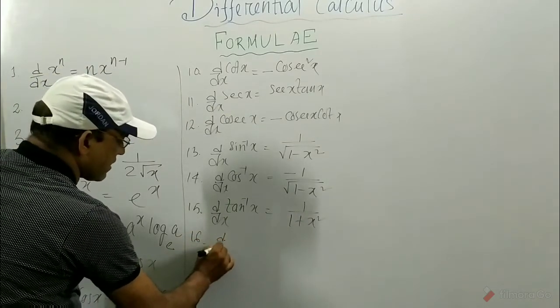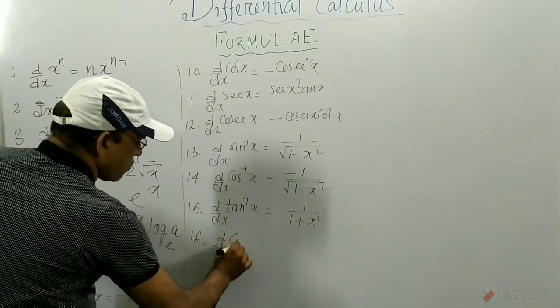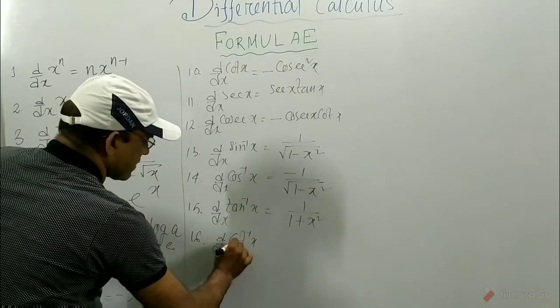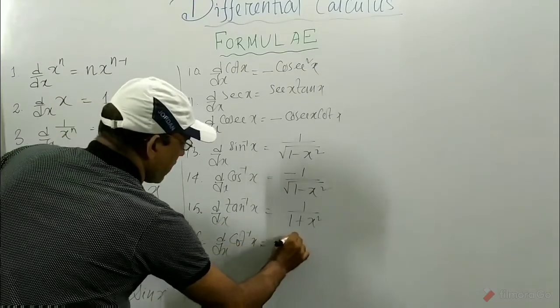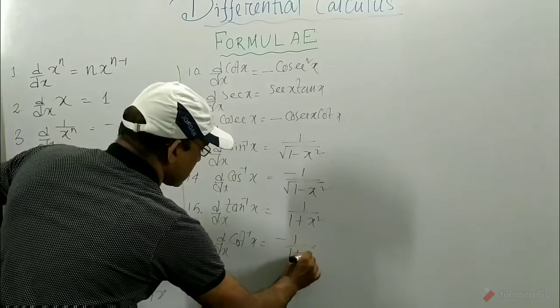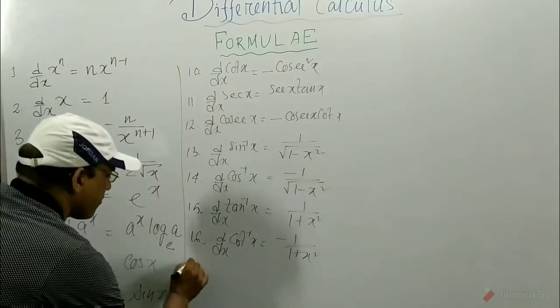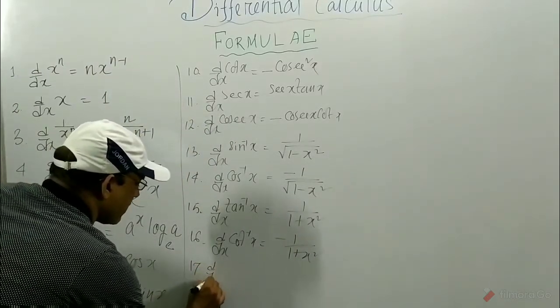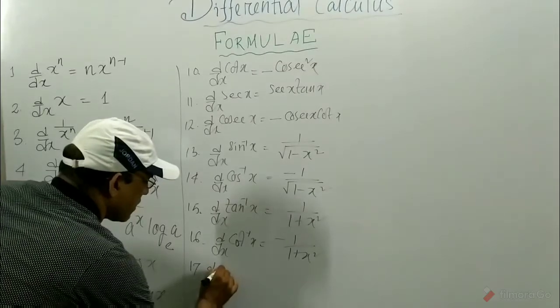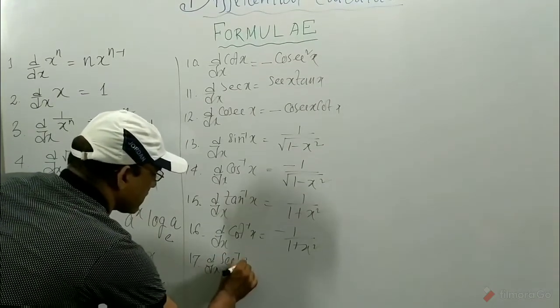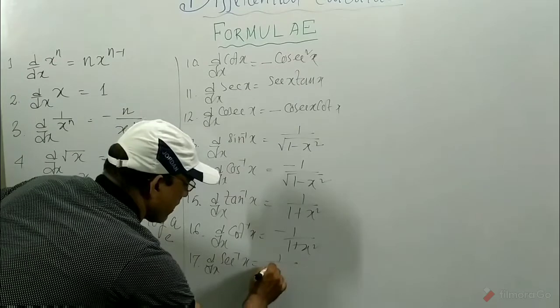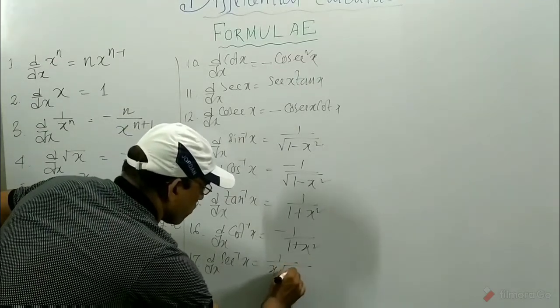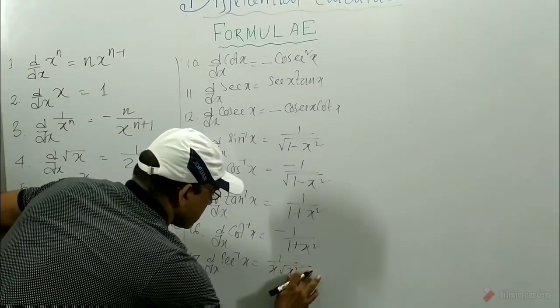Number 16, d/dx of cot inverse x equals minus 1 by 1 plus x square. Number 17, d/dx of sec inverse x equals 1 by x into root over x square minus 1.